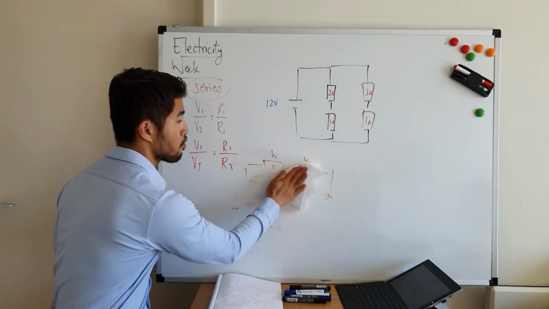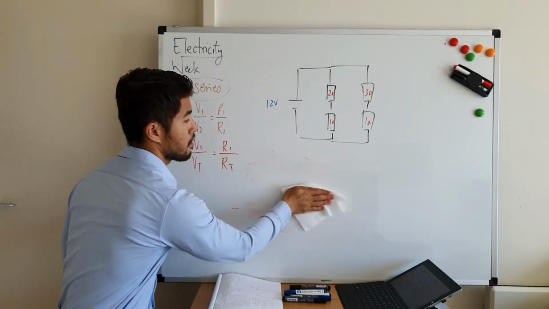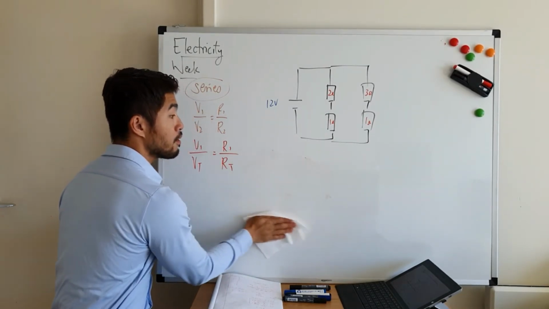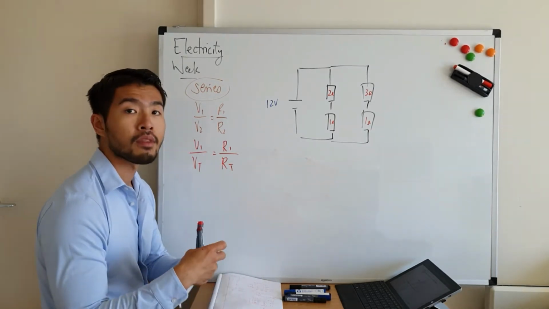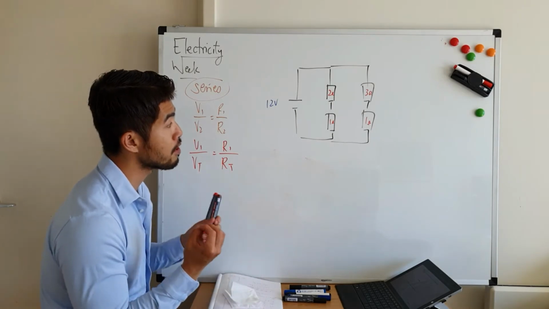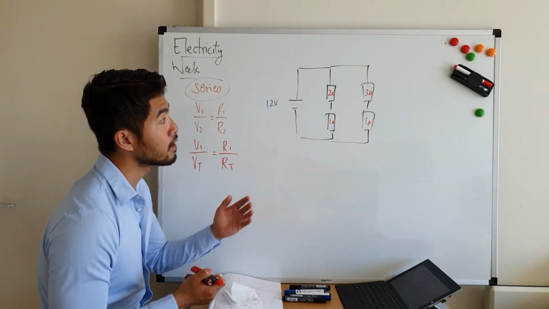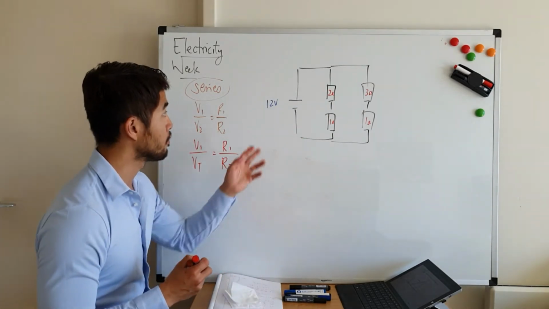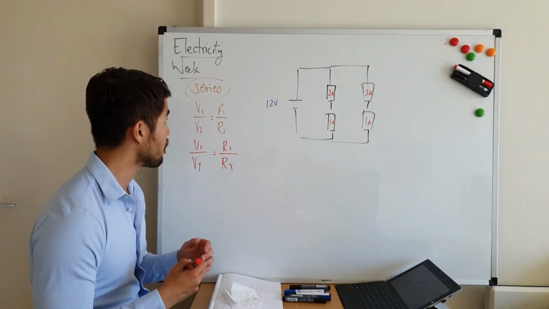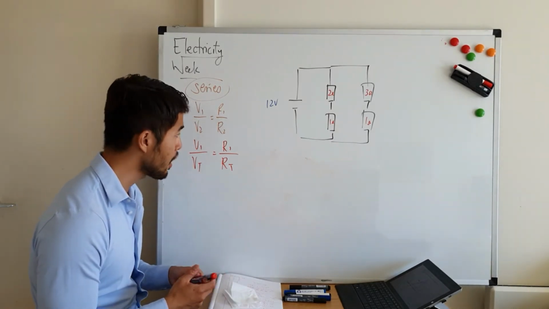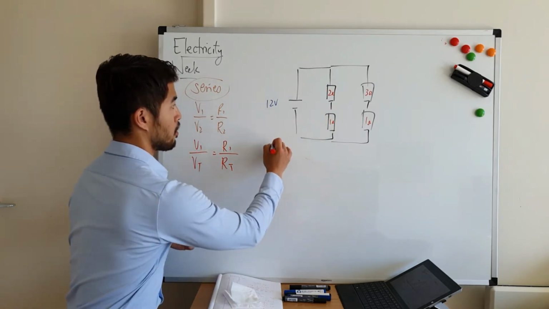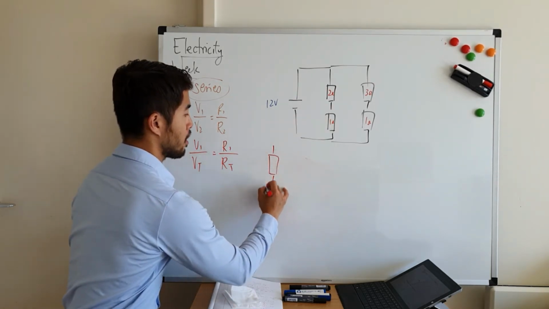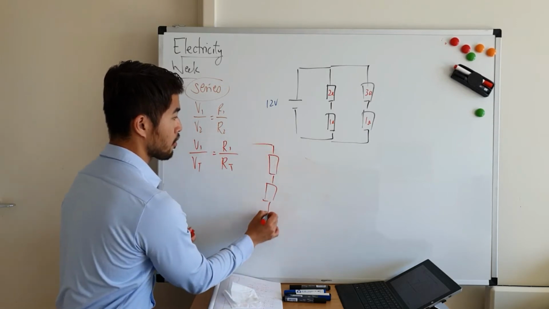If you are aiming for an A, you will need to really quickly determine what the potential divider of these is. For example, this is not in the question yet, but there's another question like that to come.